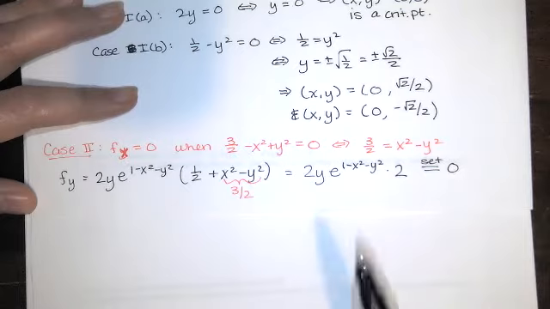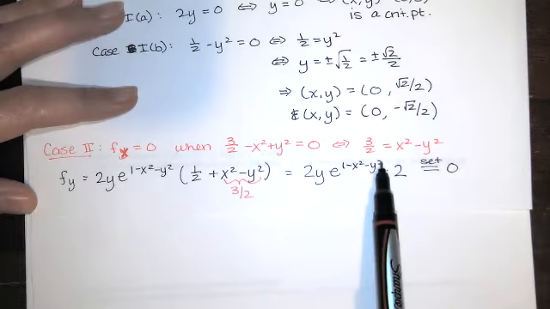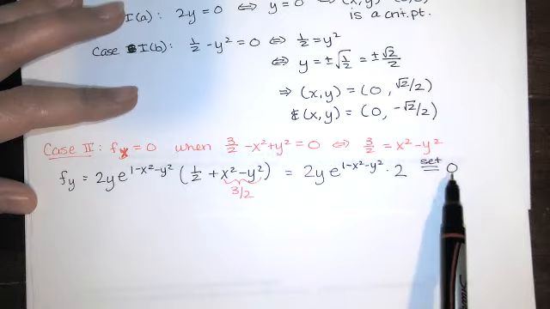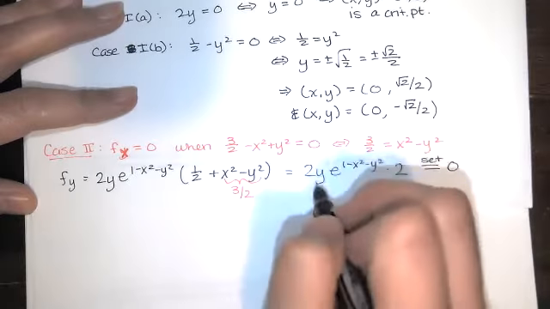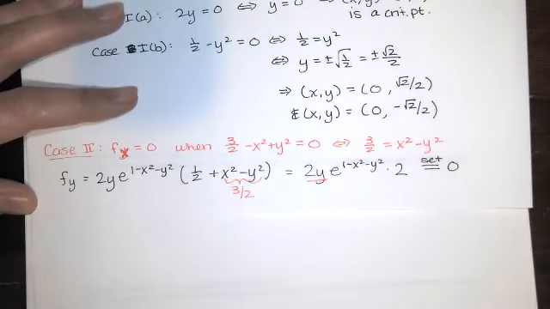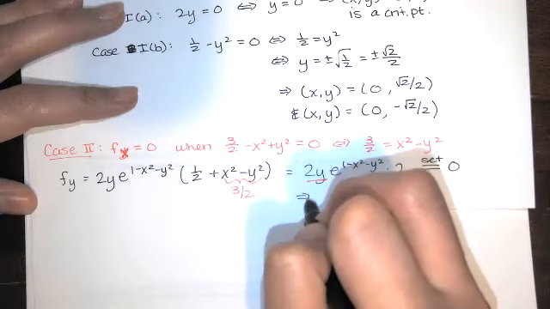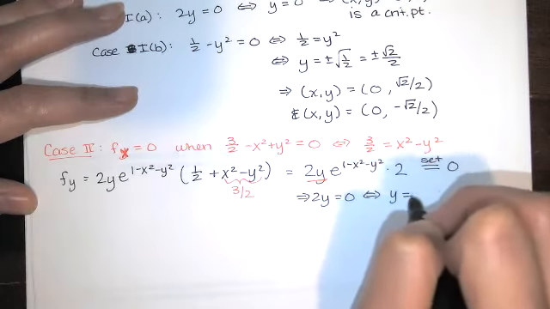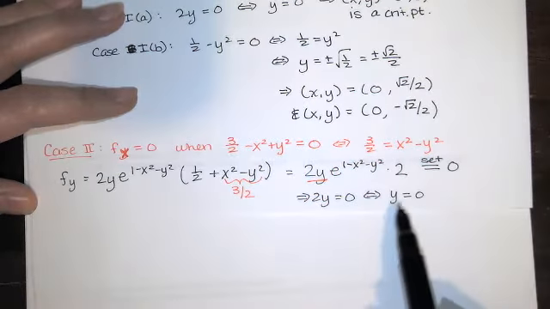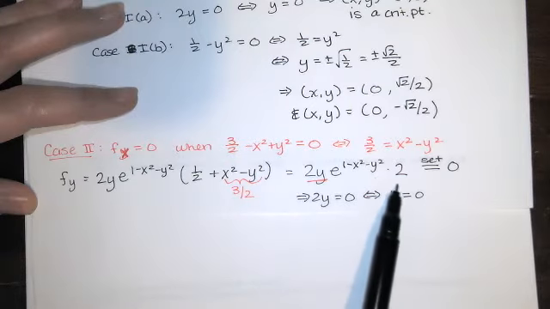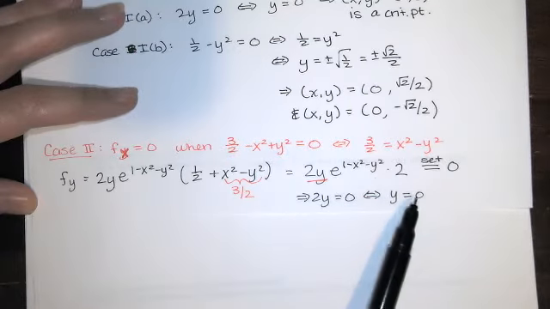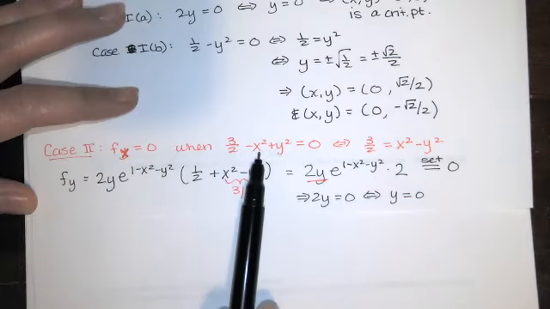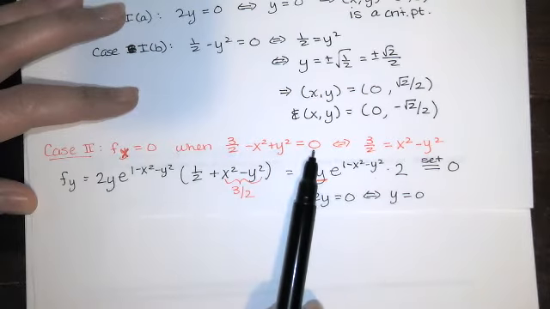Well, we already know the exponential can never be 0. So I've got 2y times the exponential times 2 is equal to 0. The only way that happens is if 2y equals 0. And we know that happens when y equals 0. Now, I don't know what x is yet, but I know that y equals 0, and I know that 3/2 minus x squared plus y squared has to be 0.